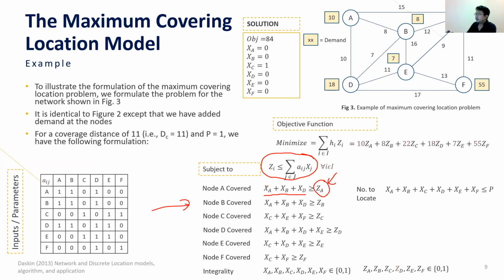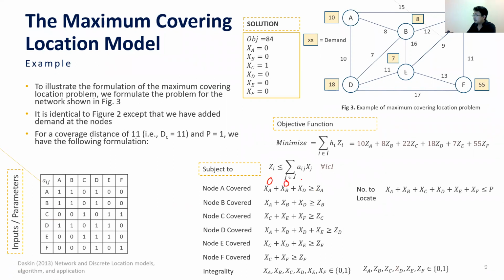So whenever any of these is equal to 1, let's say this one equal to 1, the value of ZA cannot be 0. It should be at least 1. What if 2 of these are open? 1, 1, 1. Because this one is greater than or equal to, 2 is greater than or equal to 1. It's still feasible, right? But if you put here all 0, XA, XB, XD is 0, right?